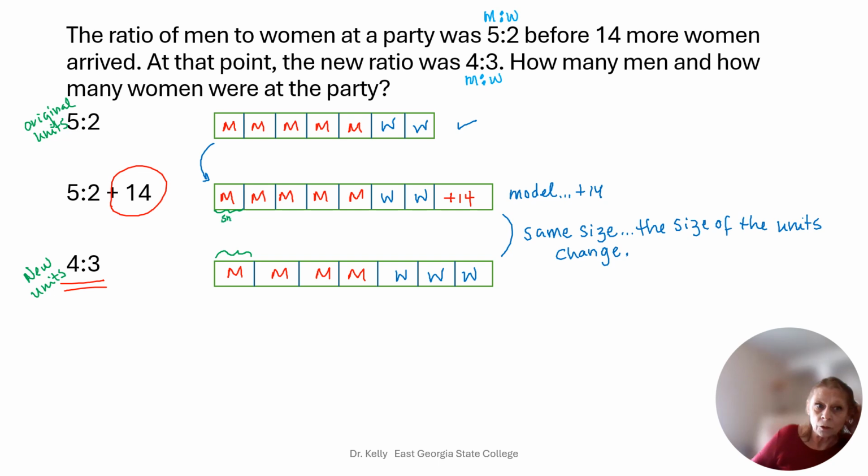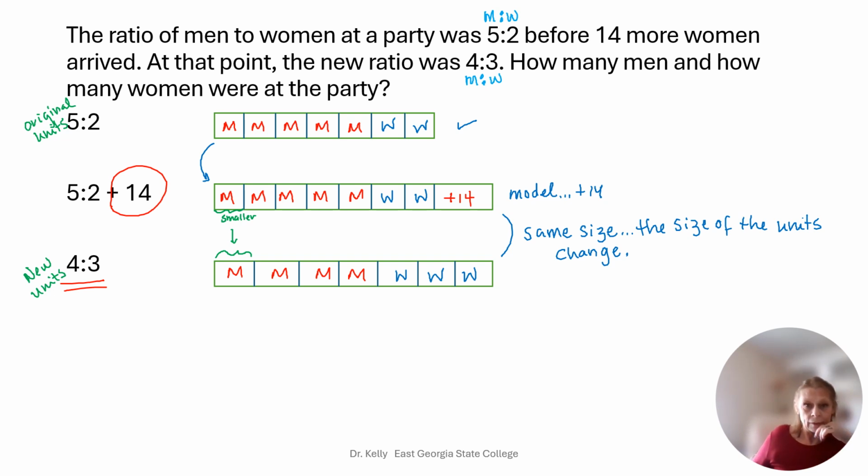These are smaller than those. That makes sense because even though we still have the ratio, 5 plus 2 is 7 and 4 plus 3 is 7, the number of people in the unit has gotten bigger.